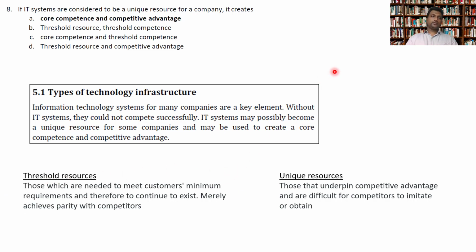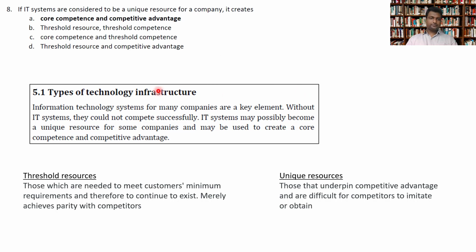Okay, in the 8th question, it says, if IT systems are considered to be a unique resource for a company, it creates core competence and competitive advantage. So before we look at core competence and competitive advantage, this is what the textbook is saying.